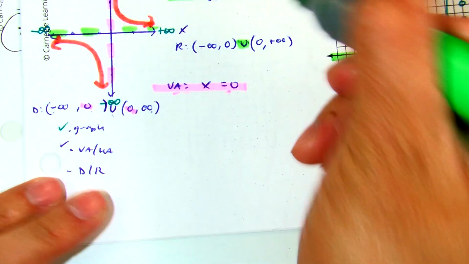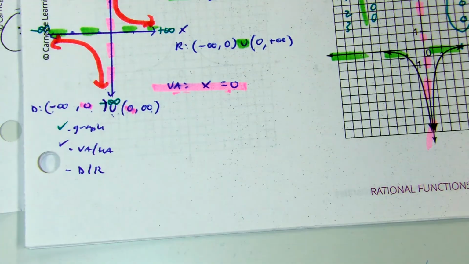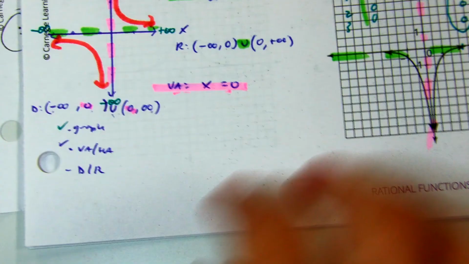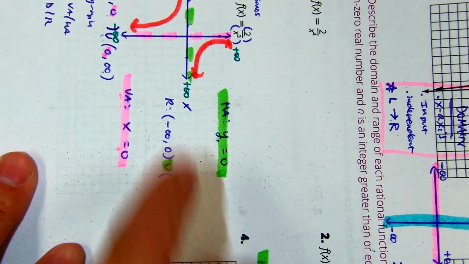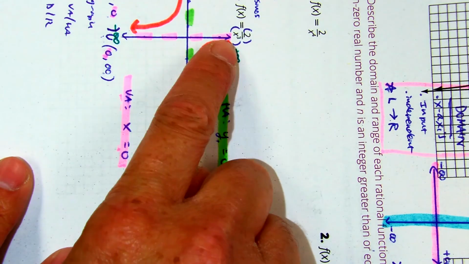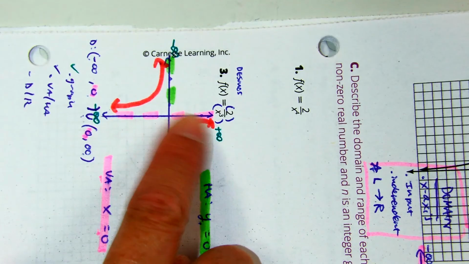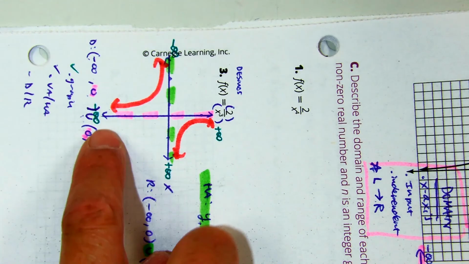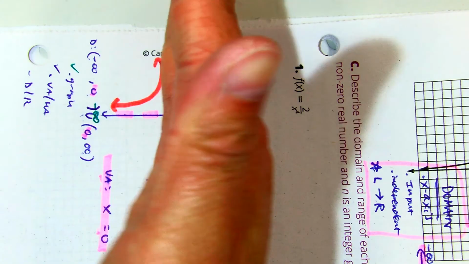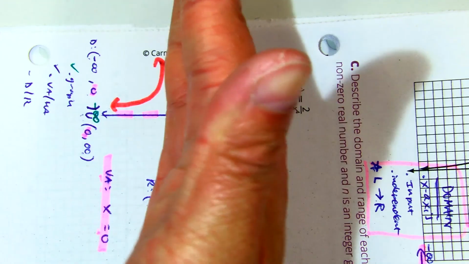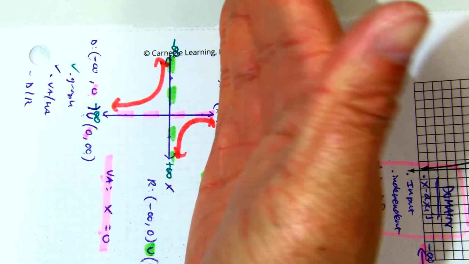Now I want to show you guys one other tip. It was helpful for me to see this. I'm actually going to turn my paper sideways. And I want to focus on the range, which is the y-axis. And why am I turning this sideways? I want you to see that it's like another number line. There's graphs from the negative numbers to about 0, and there's a graph in red from 0 to positive infinity, positive numbers.